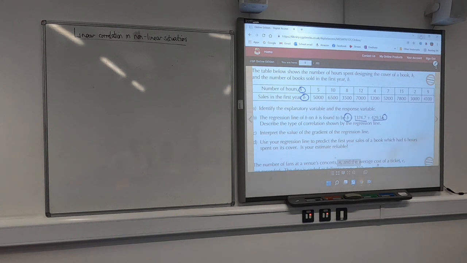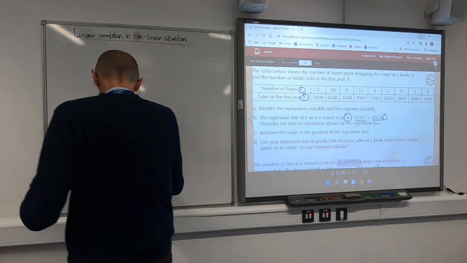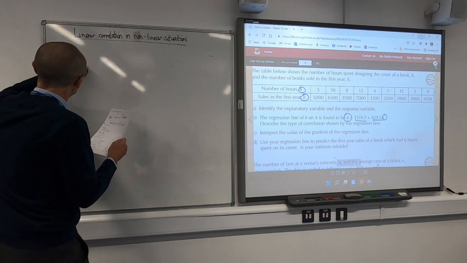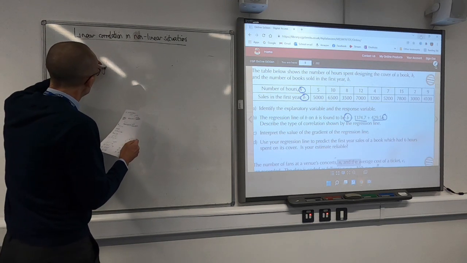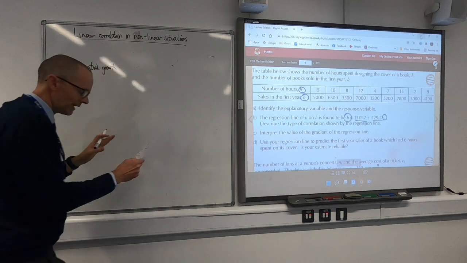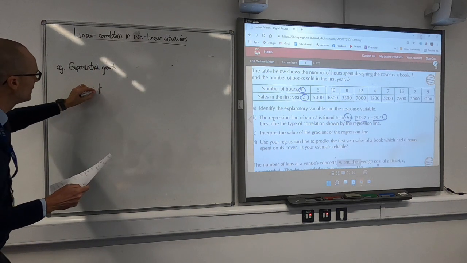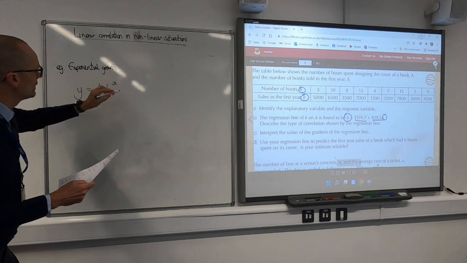So let's talk about exponential growth as the first example of this. So exponential growth, we know, is related, and the letters vary, but something like this.